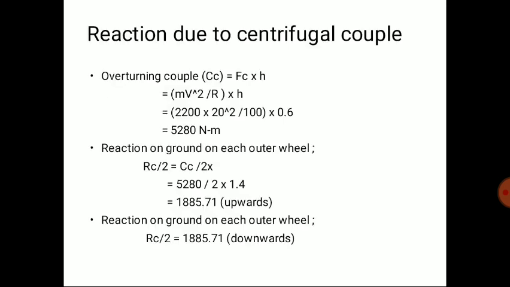Next, due to the centrifugal couple, it is very simple, as discussed earlier. The total overturning couple due to the centrifugal couple is Fc into H, where H is the distance from the center of gravity to the road surface. So you are getting 5280.